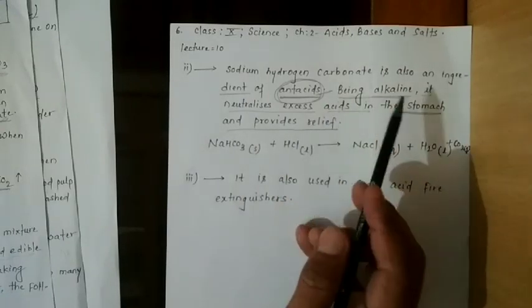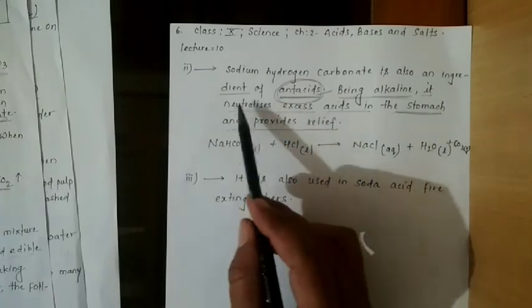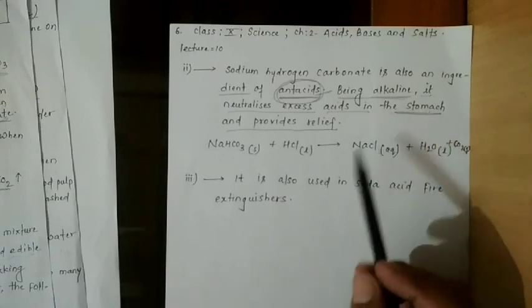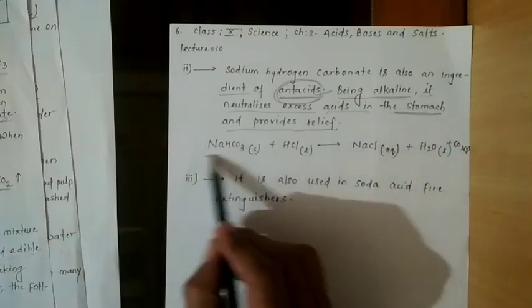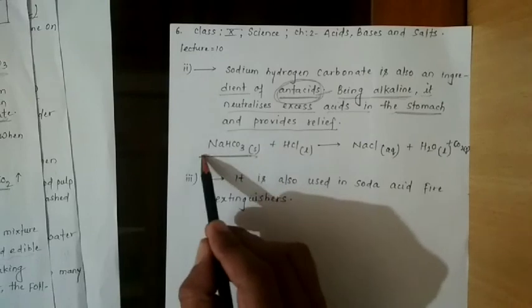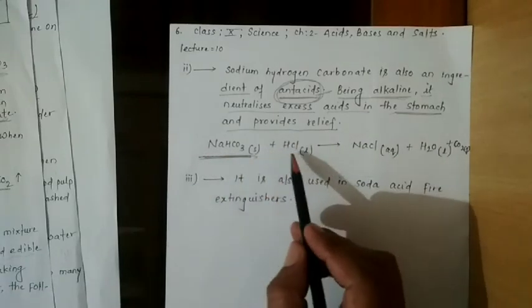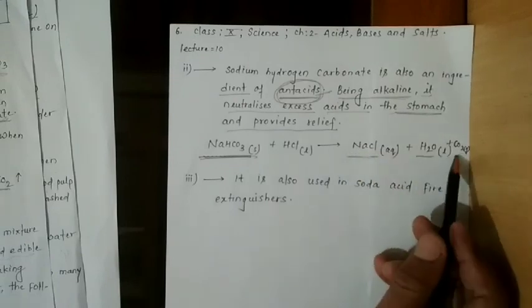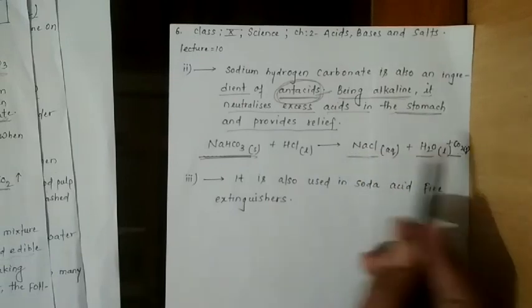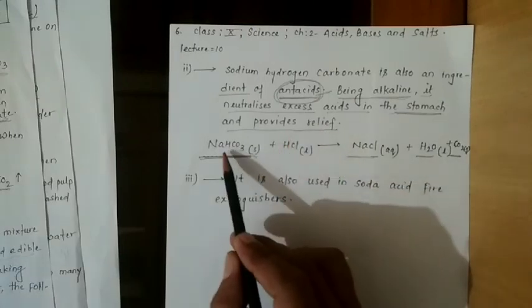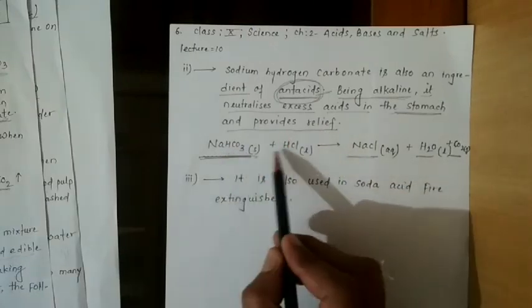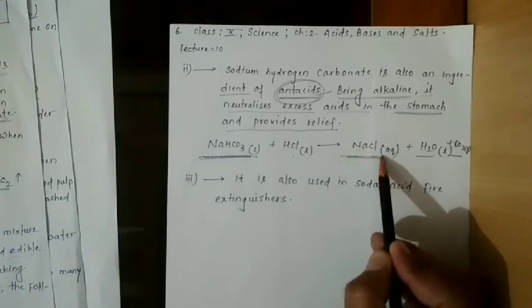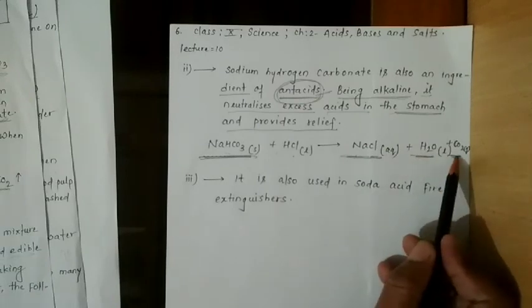NaHCO3 and HCl give NaCl, H2O and CO2 gas. When sodium hydrogen carbonate reacts with HCl, it produces neutral salt, H2O and CO2 gas.